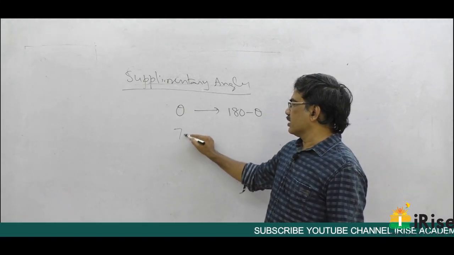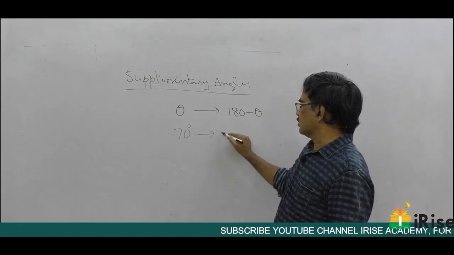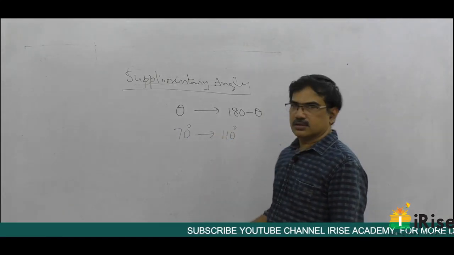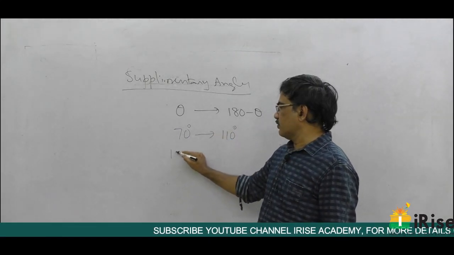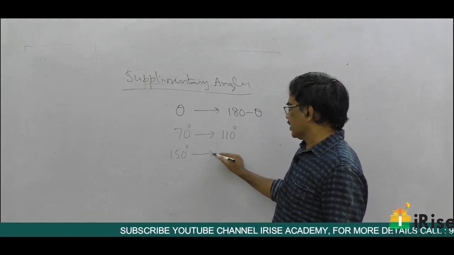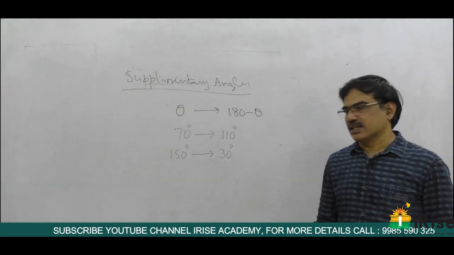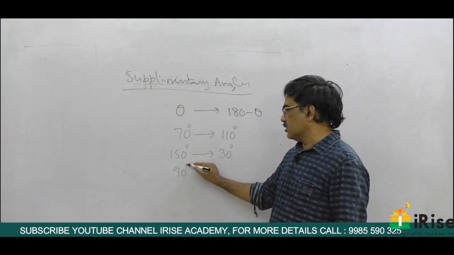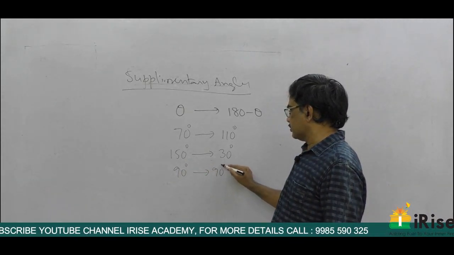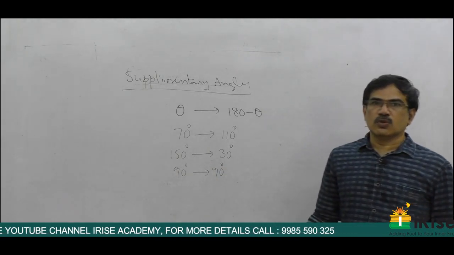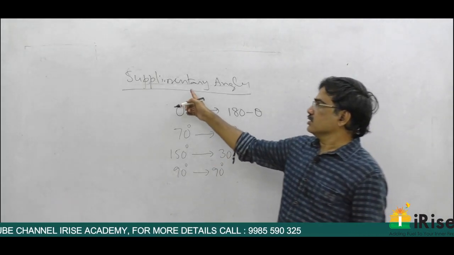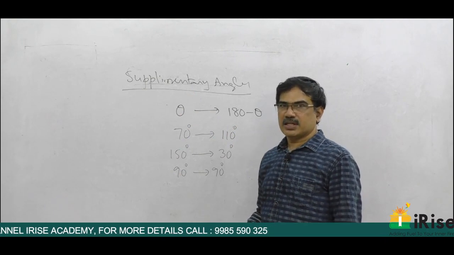What is the supplementary angle of 70 degrees? 110 degrees. What is the supplementary angle of 150 degrees? 30 degrees. What is supplementary to itself? Nothing but 90 degrees. So we know what are complementary angles and what are supplementary angles.